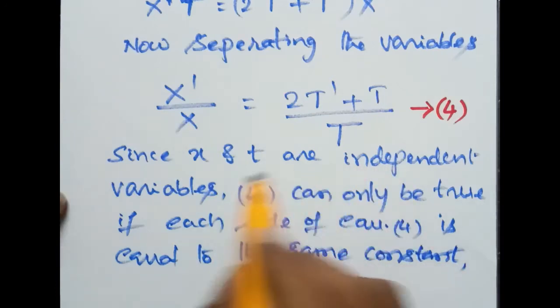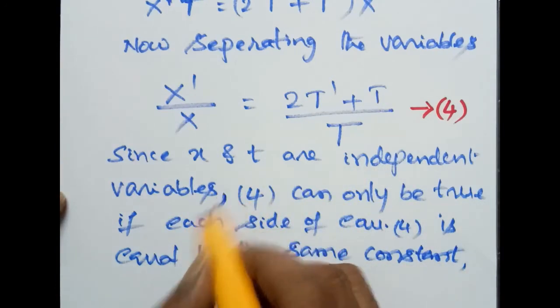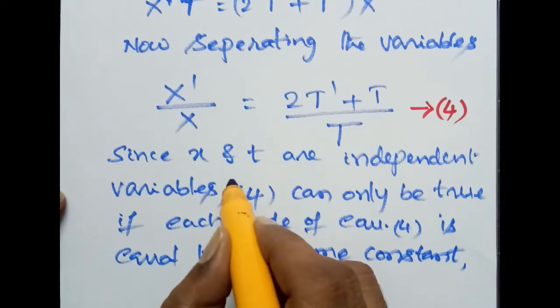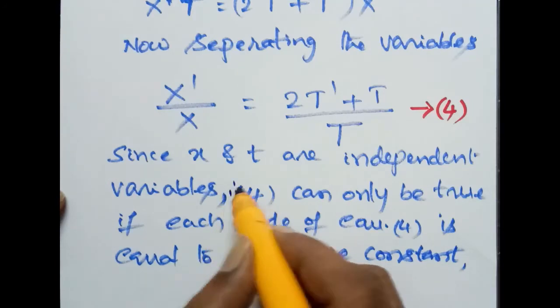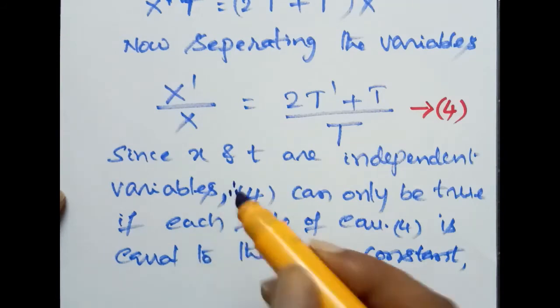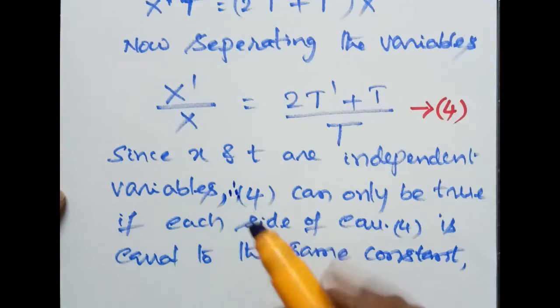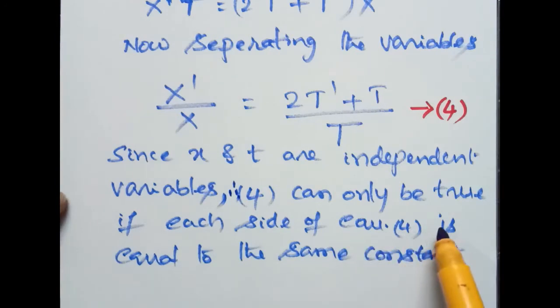Since x and t are independent variables, equation 4 can only be true if each side of equation 4 is equal to the same constant, say k.